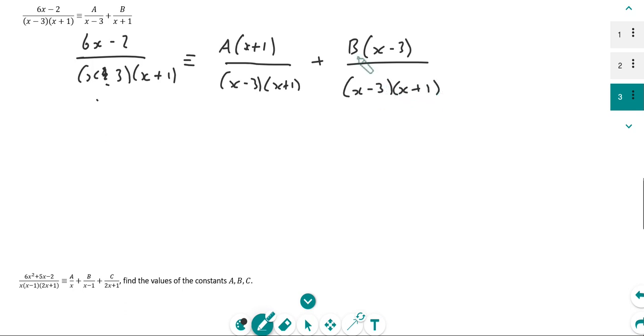And we know that when we're adding and we've got the same denominator, we can combine it all together. So we can write it like this.